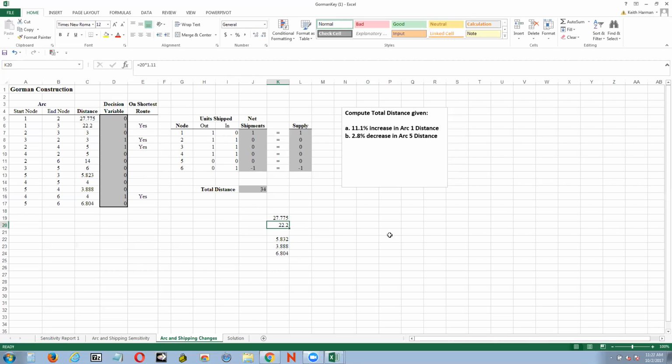And again, here we increased the arc 1 distance, and we decreased arc 5. You might say, were you just playing with numbers, or what are you trying to show me there? Well, it's very simple. Transportation routes change all the time.